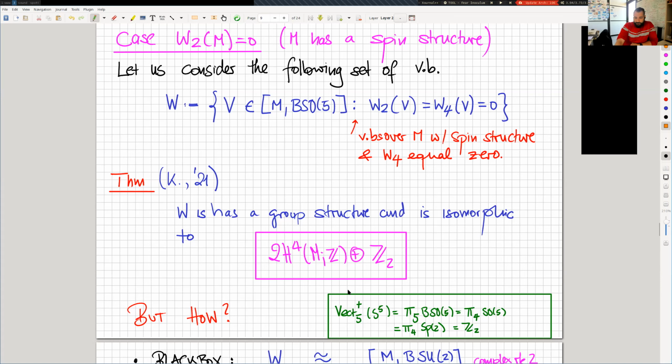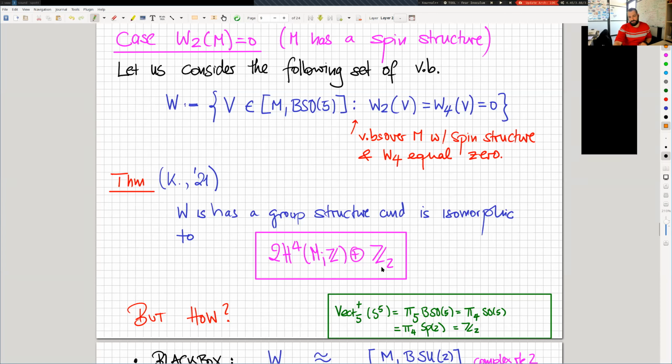And we see here in the example of S5, as I showed you above, if we come from another way, from the viewpoint of homotopy theory, we know that there are two vector bundles over S5, the trivial one and the tangent bundle, and this coincides with this isomorphism here, because H4 is of course 0 for S5.